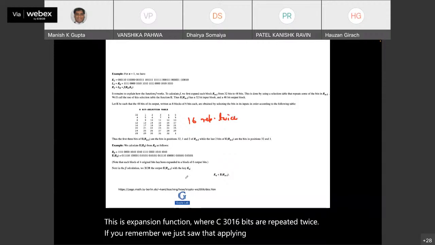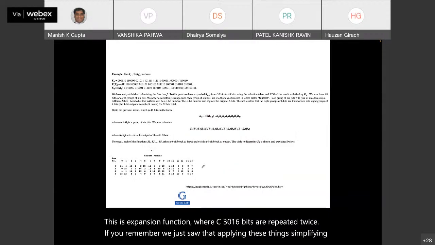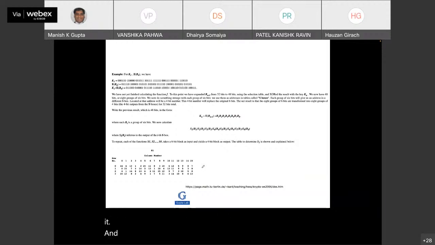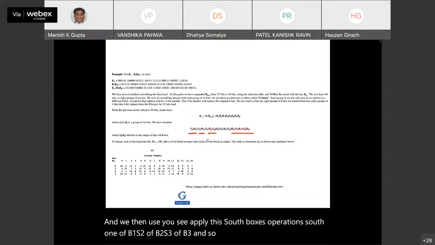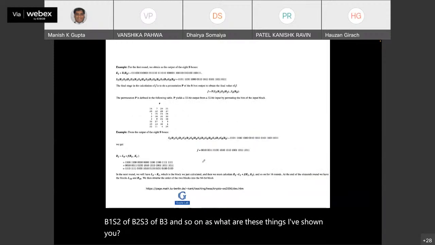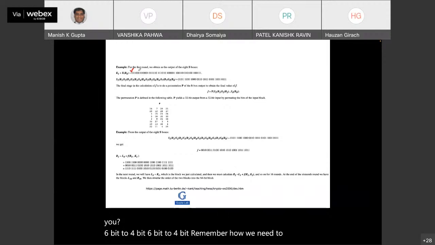Applying these and simplifying, we then apply the S-box operations: S1 of B1, S2 of B2, S3 of B3, and so on. As you know, I've shown you what these are: 6-bit to 4-bit. Remember how we need to do it? Look at this.